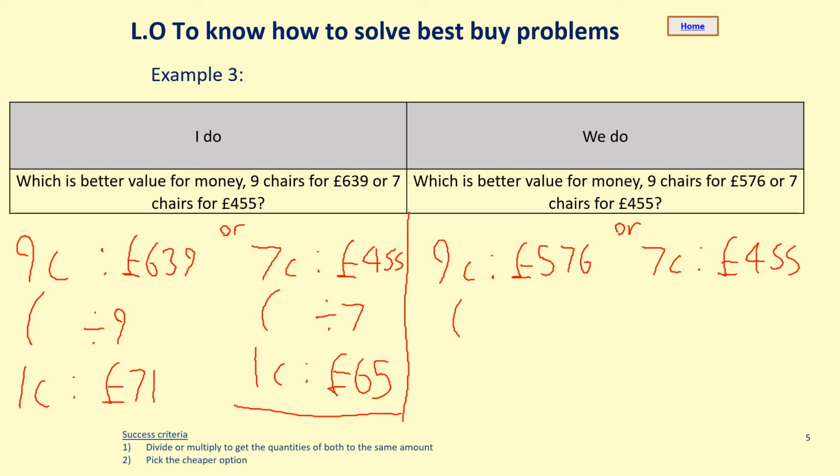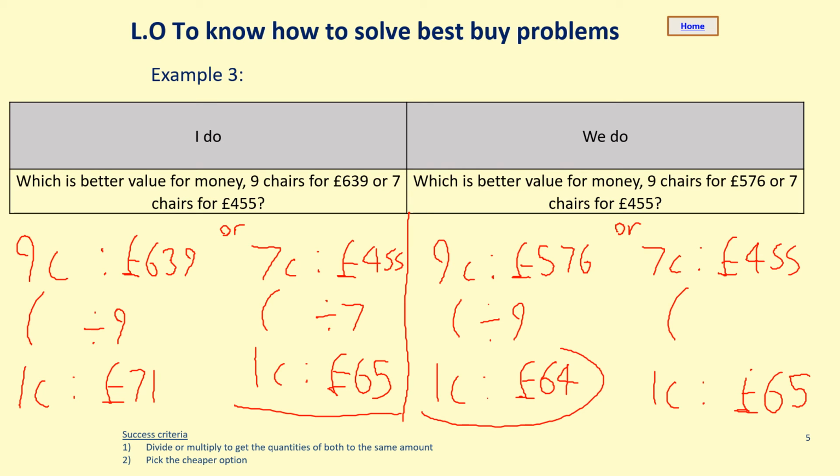So in the first deal, you should have divided by 9 to get 1 chair, equal to 576 divided by 9, which is £64. And in the second deal, you should have divided by 7 to get 1 chair, equals 455 divided by 7, which is £65. So then that leaves that the first deal is the best buy. So well done if you got that one right.